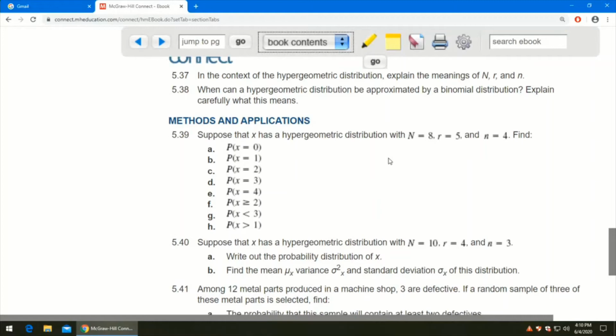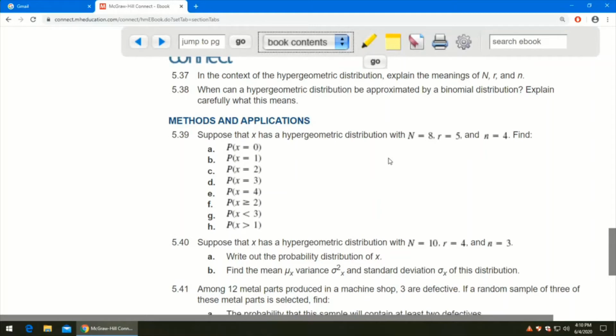Now for x equal to 1, what we could do is, again, write this whole thing with r as 5, and then x as 1, so 5C1, and then we have 8 as capital N minus 5, over small n is 4 minus 1, over 8C4, where small n is 4. Now, how are you supposed to solve this?